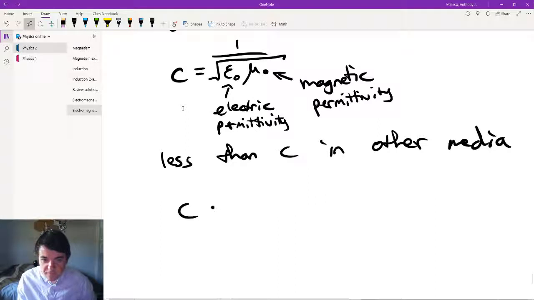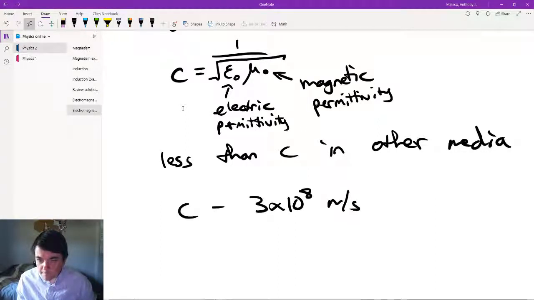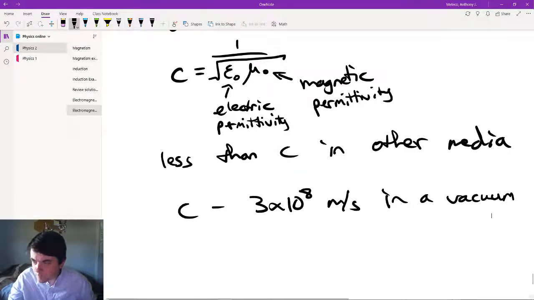C is typically 3 times 10 to the 8 meters per second in a vacuum. And like I said before, V will vary in other media, okay? Because C varies in other media.